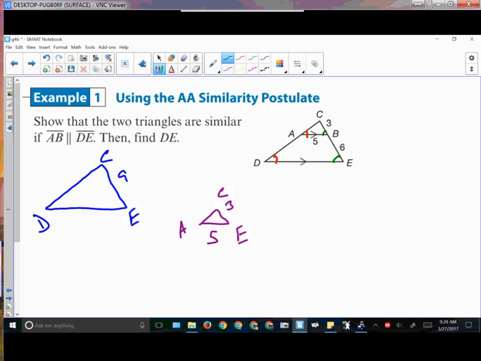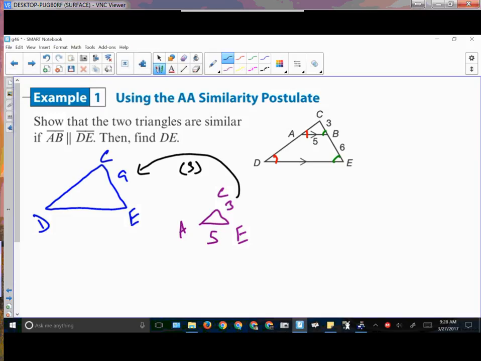Double it. Yeah, you want me to double 3? Oh, multiply by 3. I want to triple it because I want to go from 3 to 9, correct? Okay, so I got to multiply it by 3.